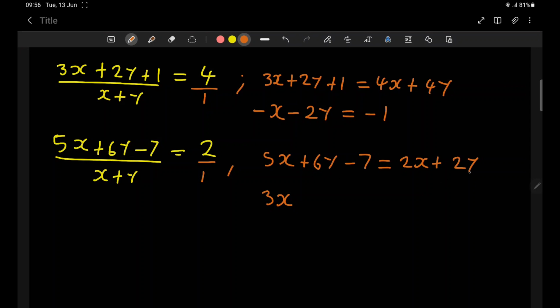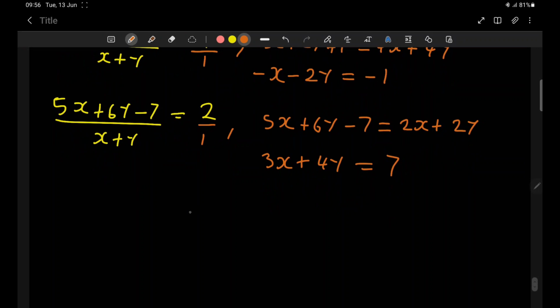Then 6y we subtract 2y, giving us plus 4y, which is equal to positive 7. So we write our simultaneous equations: negative x minus 2y is equal to negative 1, and we have 3x plus 4y is equal to 7.